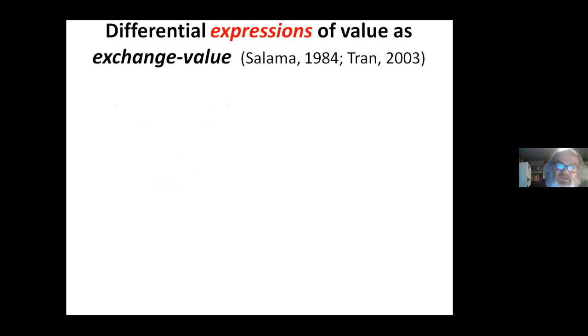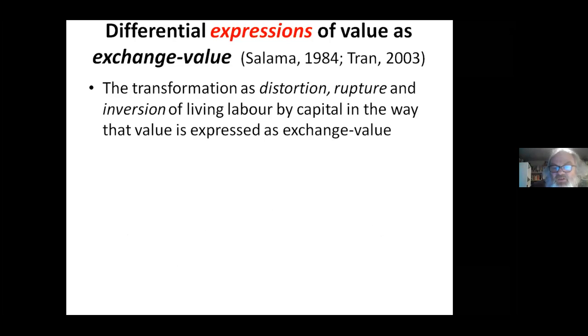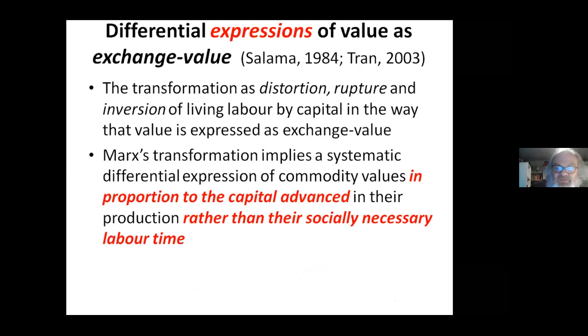It's not only that there's a differential realization of value created, there's a differential expression of value as exchange value. And this is a complete distortion. It's a complete rupture and inversion of our idea of value as socially necessary labor time, right? The way that value is expressed as exchange value is not the way it's understood in terms of simple value.